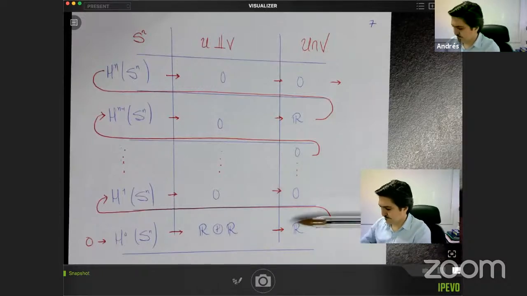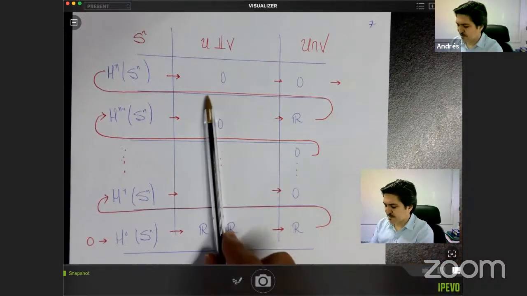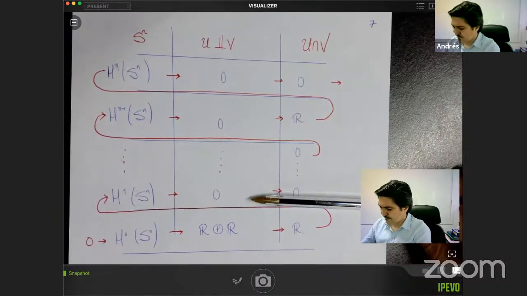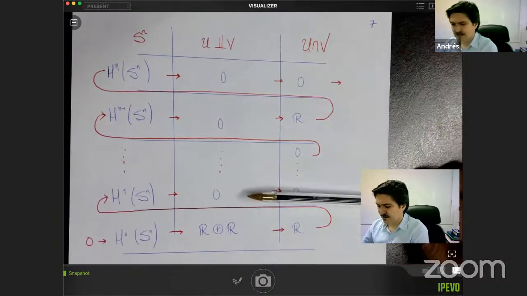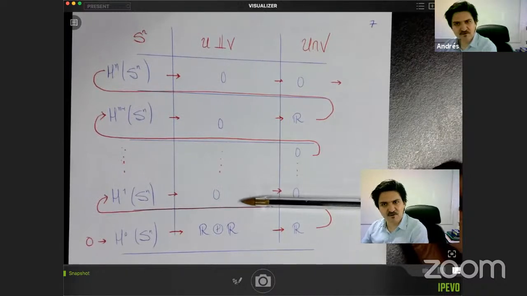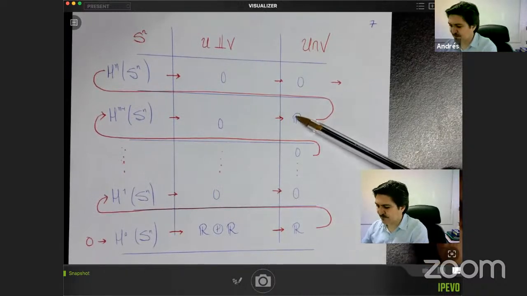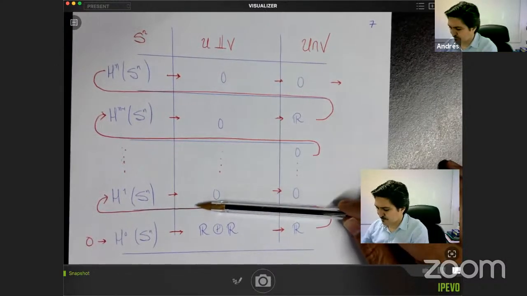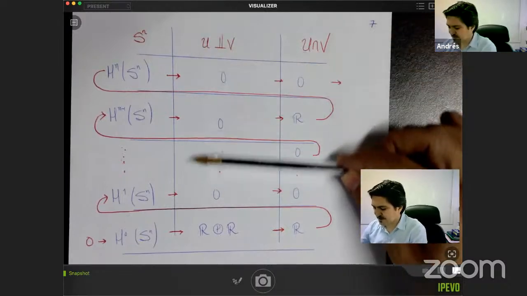So at least on these two columns, from here to here, everything is 0 except this one, right? So all of this is 0.